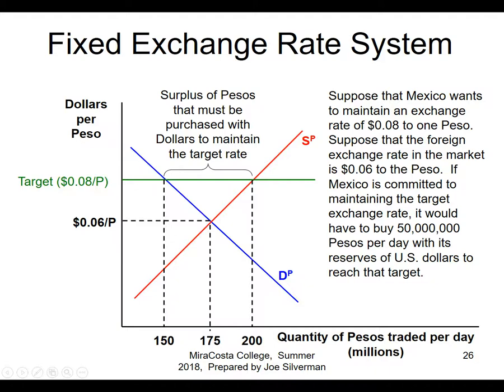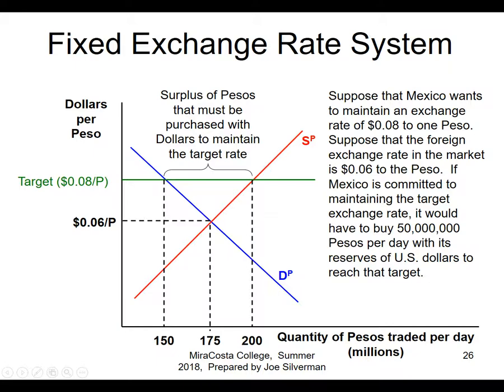Can they do this? And the answer is yes, as long as they're willing to buy up any surplus of pesos. So if the exchange rate, according to this graph, is 8 US cents buys 1 peso, then it looks like we have a surplus of 50 million pesos per day.